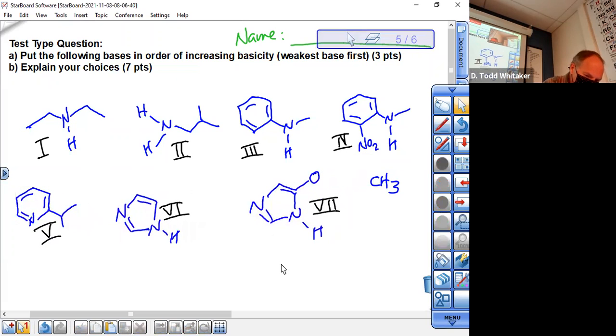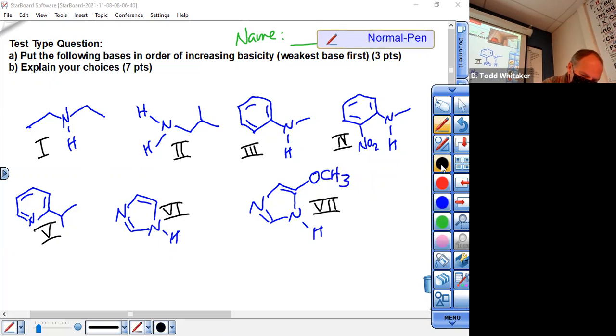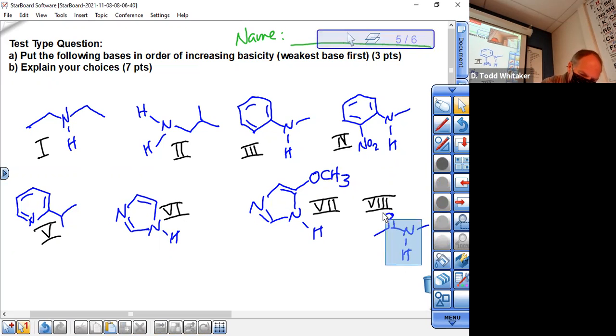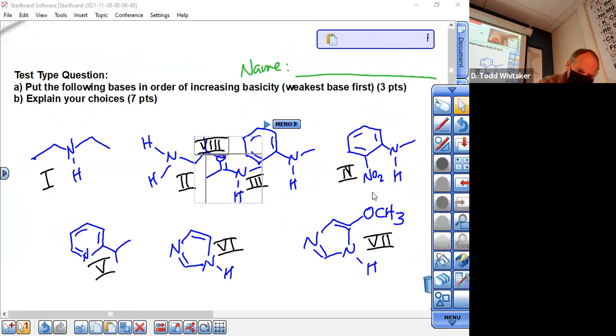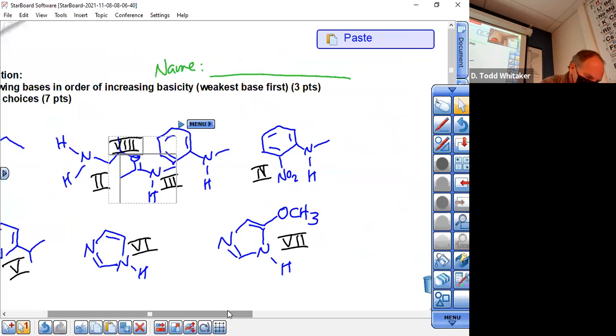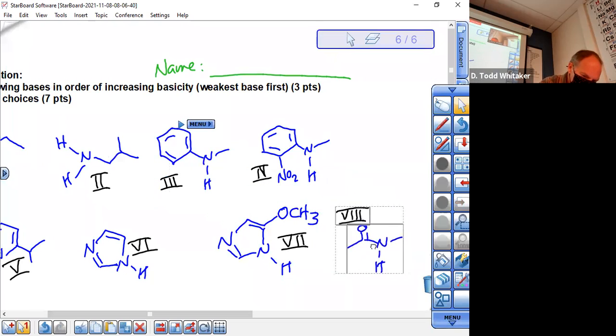And I got to make sure my methyl follows along here. And we'll just make it a simple amide. And we'll make sure we copy that over here. Adding molecule 8. Right there.